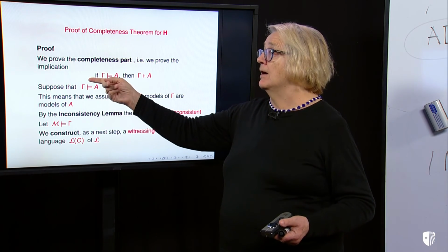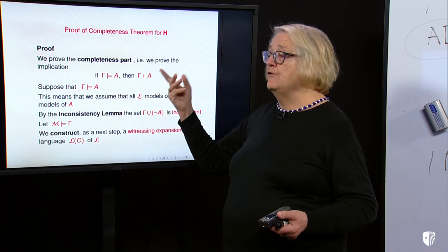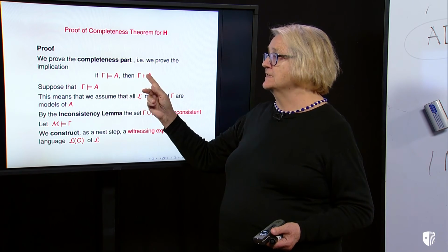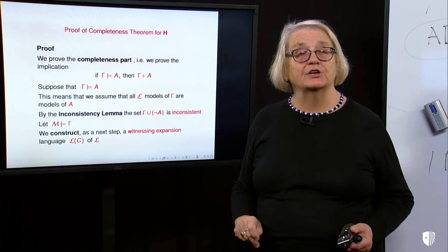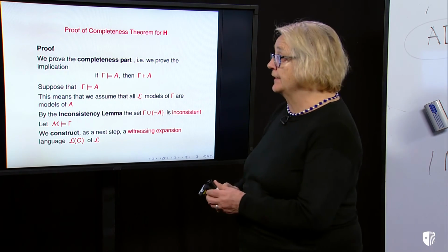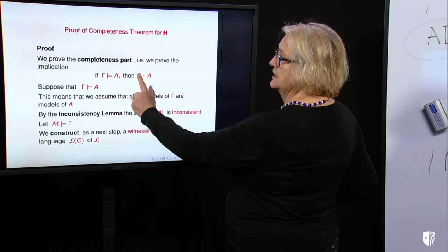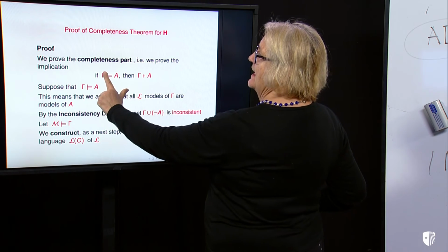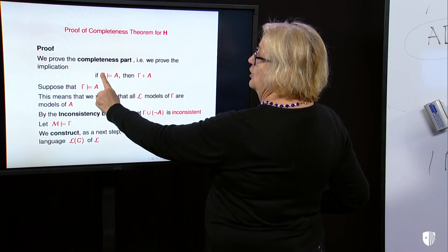So we now prove the normal implication, instead of proving not this implies not that, which was the construction of a countermodel. That inverse implication is: if A does not have a proof, then A is not a tautology.